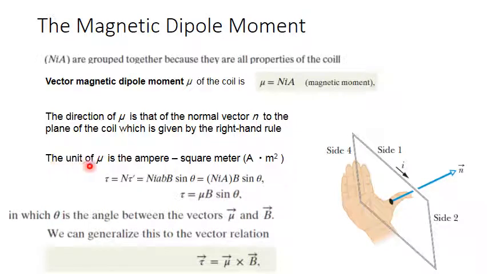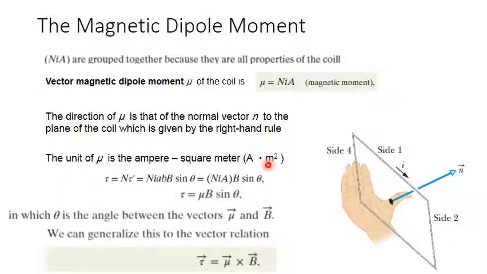The unit of the vector magnetic dipole moment mu is, according to this relation, N is dimensionless, I is ampere, and area is meter square. So the vector dipole moment has a dimension ampere multiplied by meter square.